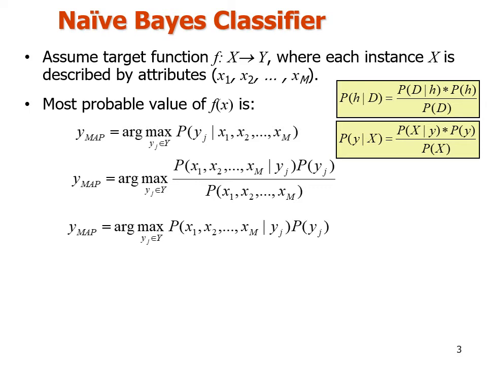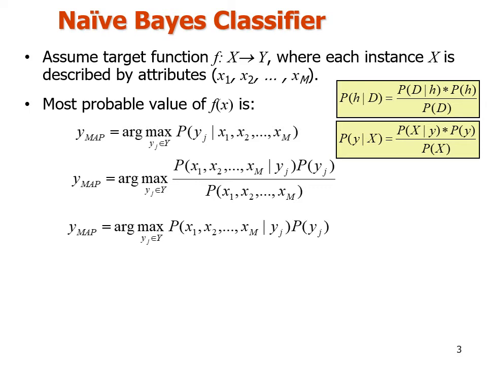The problem is that the number of these terms is equal to the number of possible instances times the number of possible target values. Therefore, we need to see every instance in the instance space many times in order to obtain reliable estimates.